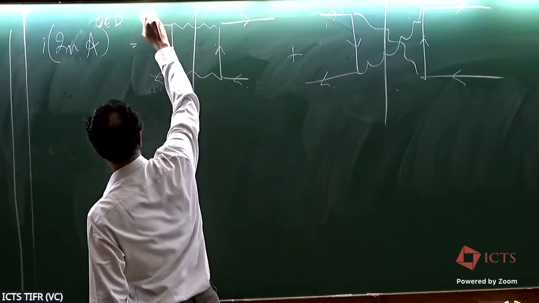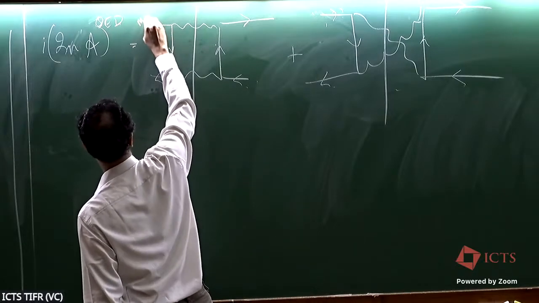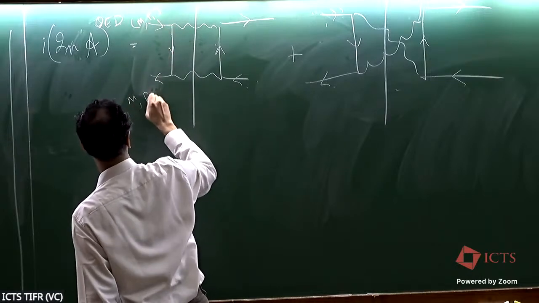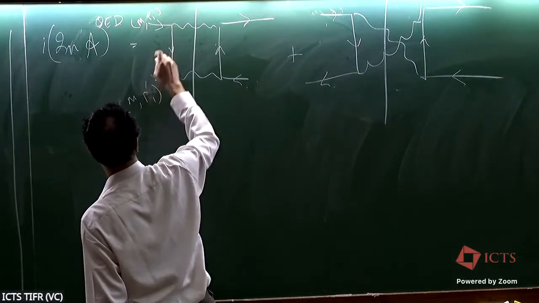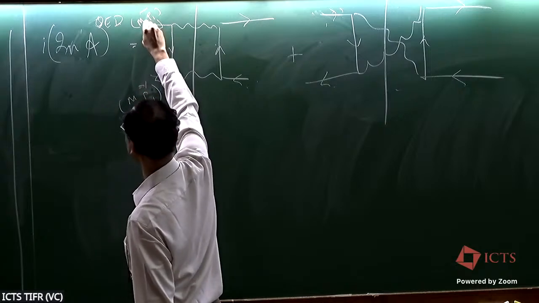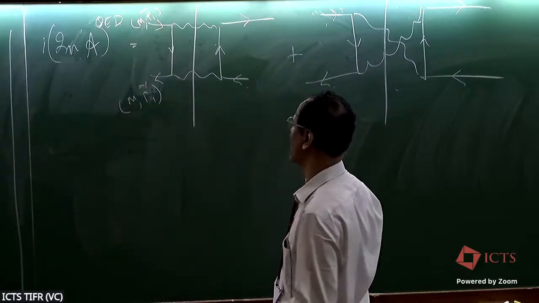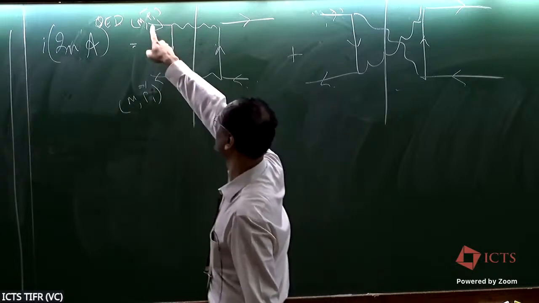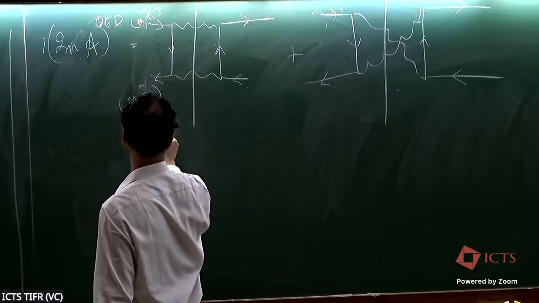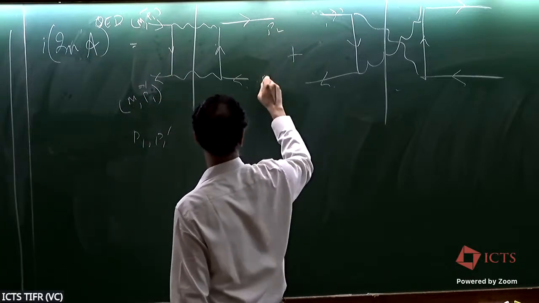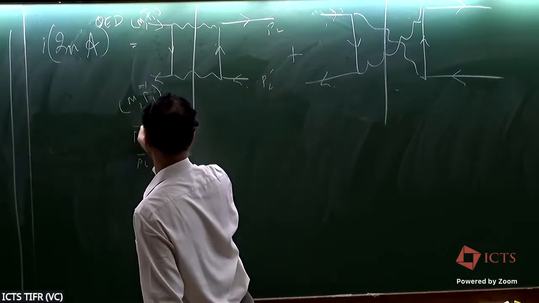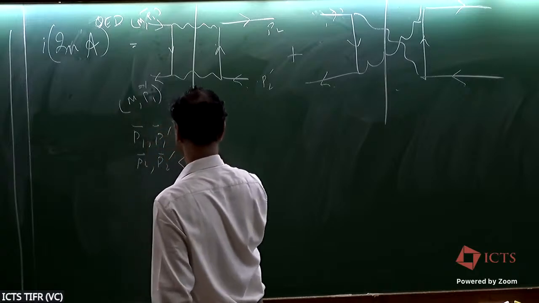So the momentum that you put in will be m p1, let's say, m p2. Of course, this is not exactly m, this is m plus some root m square plus p1 square, but you're working in a situation where p1 is much, much less than m. So p1, p1 prime, and p2, p2 prime are all much, much less than m.